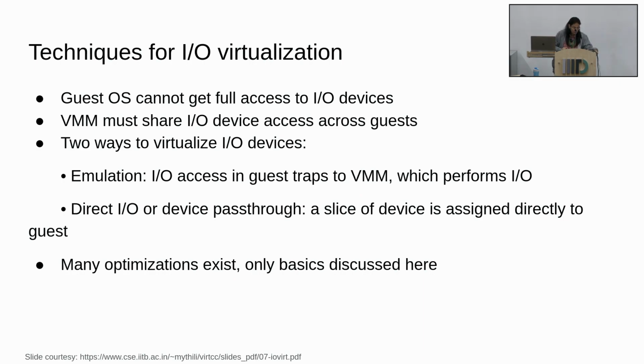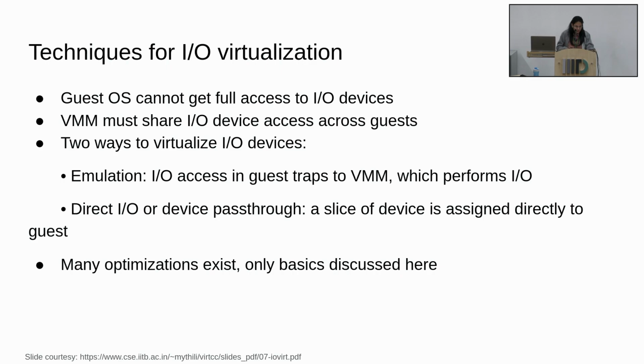And the other one is direct IO, where you need your physical NIC. As I said, for hardware-assisted virtualization, the CPUs had some privileged modes so that they could support virtualization. In a similar way, the network cards also evolved to support virtualization, so that you could slice the NIC, so that there would be one slice given to each VM running on the machine, right?